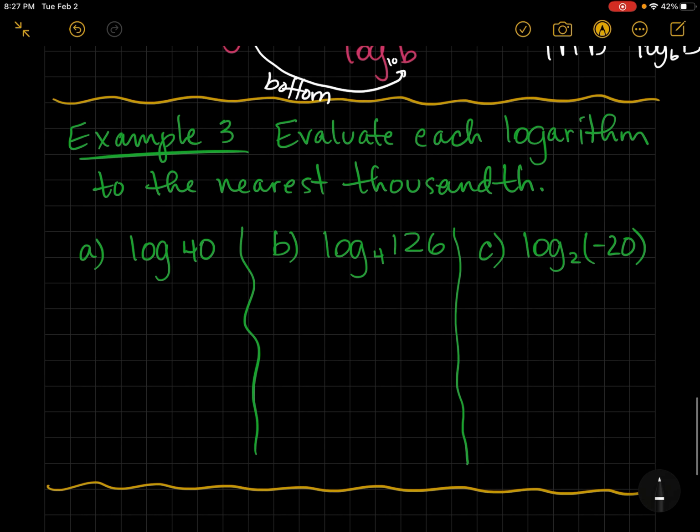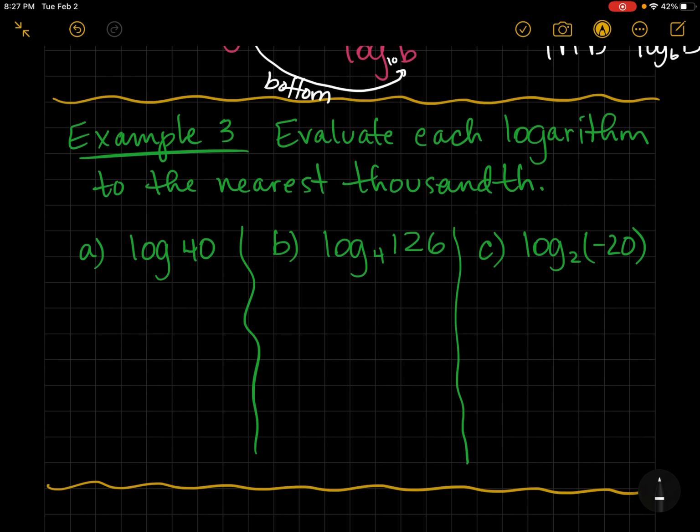Example 3. Let's evaluate each log, and we're going to round to the nearest thousandth. I'd like for you to grab your calculators, whether it be a regular calculator or a cell phone calculator, it doesn't matter. I'll grab my cell phone so I can punch log 40.